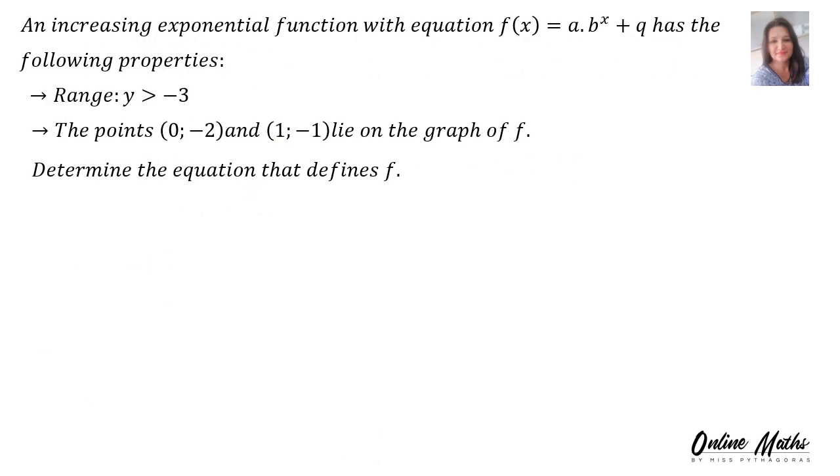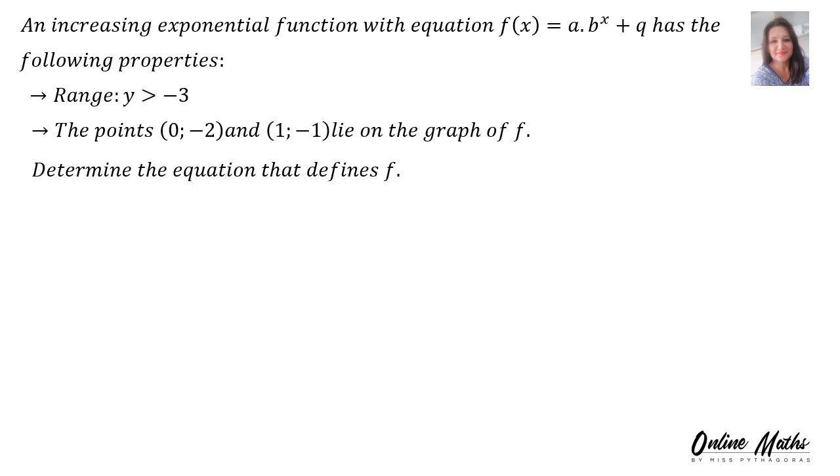This example does not have a sketch. It works like this. An increasing exponential function with equation f of x is equal to a times b to the x plus q has the following properties. The range y is greater than negative 3.